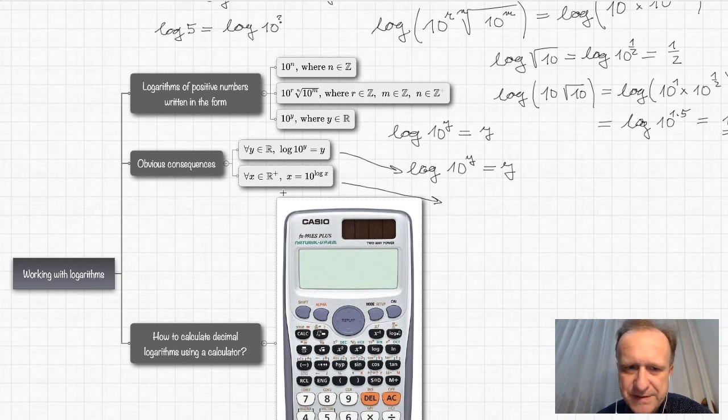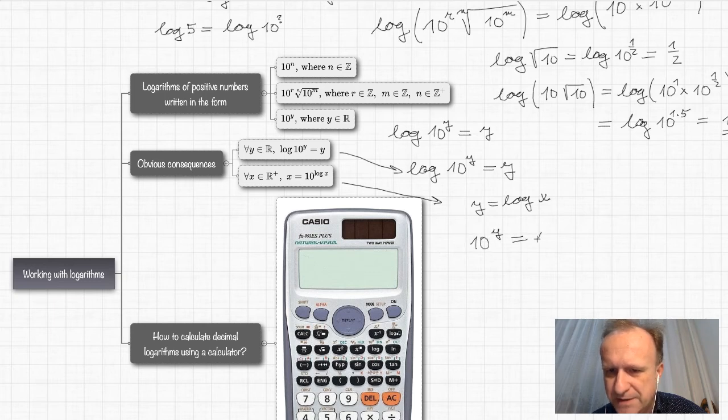Let's talk about this. Imagine that you know that y is the logarithm of x, and moreover you know that 10 to the power of y is x. This is equivalent with this. So the logarithm is the power that the base 10 should be raised to in order to get this value of x.